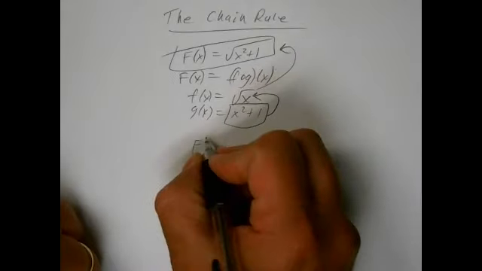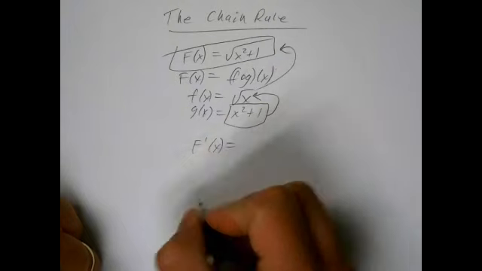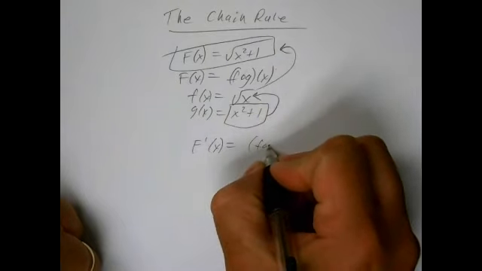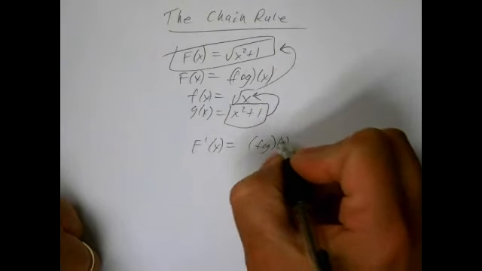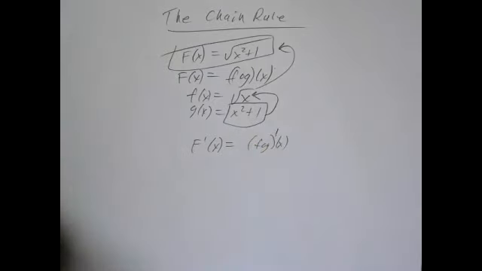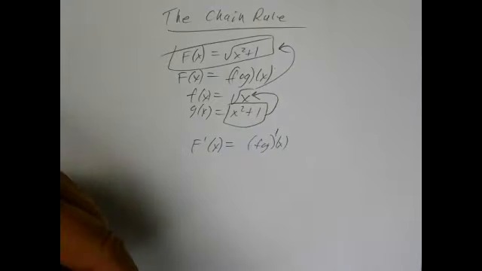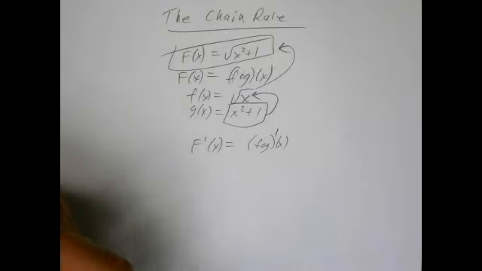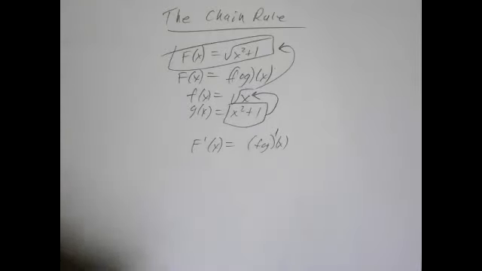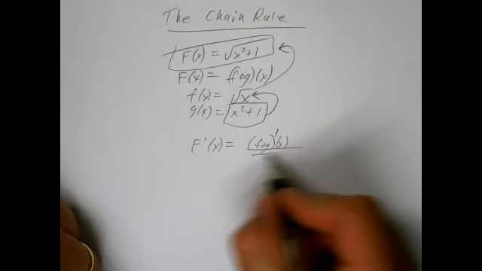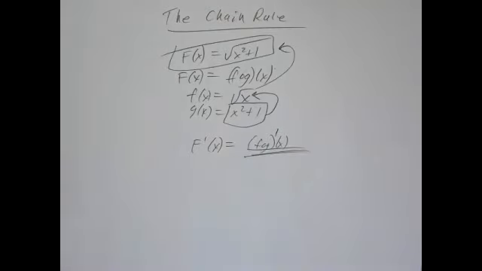Again, f prime here would be the same as taking f of g of x and taking that derivative. Now, we've learned how to take the derivative of f plus g and f minus g and f times g and f over g, but f of g, no, we have not. So for that purpose, we need the chain rule.